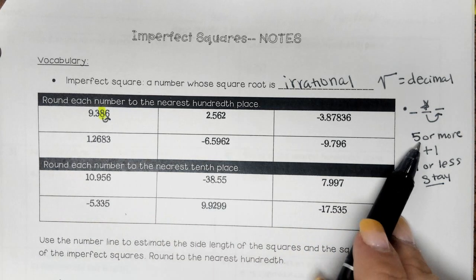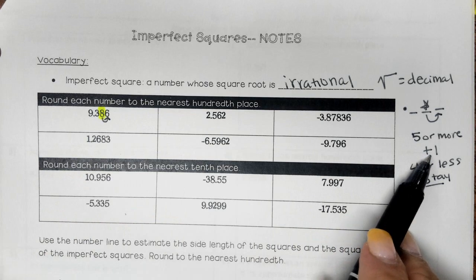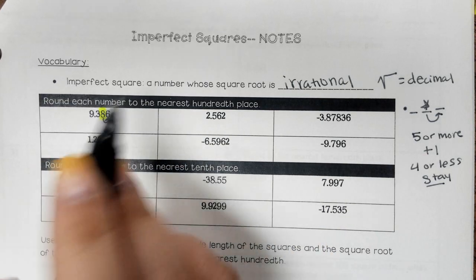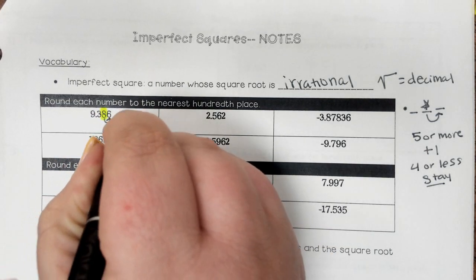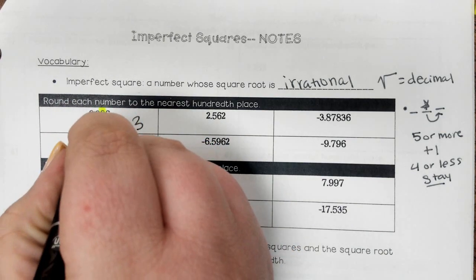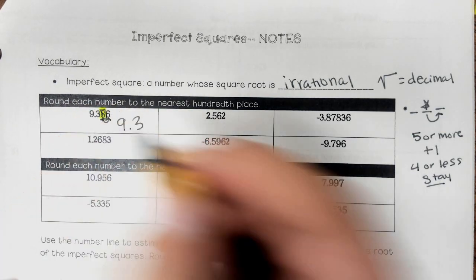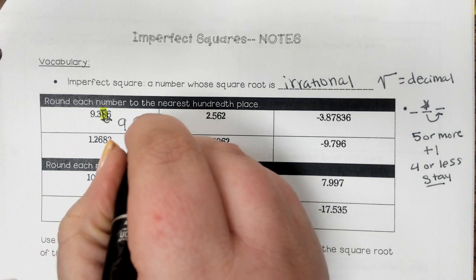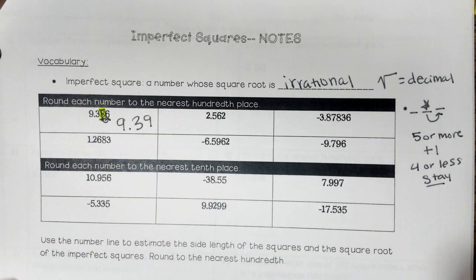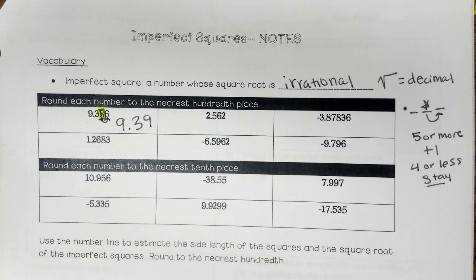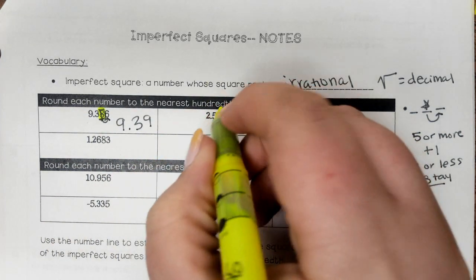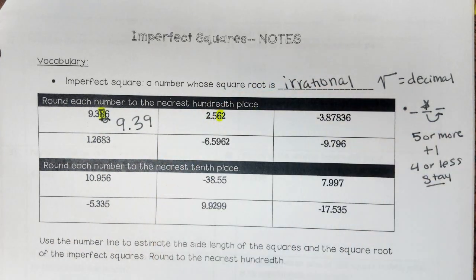6 falls in the 5 or more category, so we add 1. So rounding this would be 9.3, and we're going to add 1 to the 8. 8 plus 1 is 9. In the next number, the 100th place is the second digit behind the decimal.